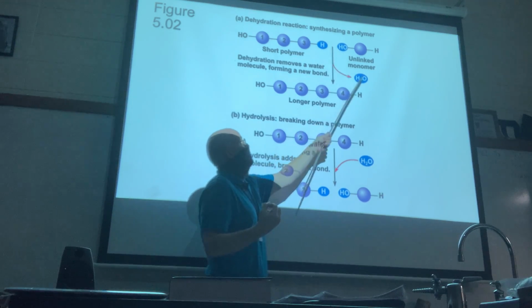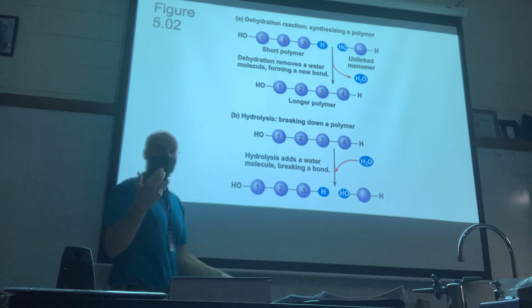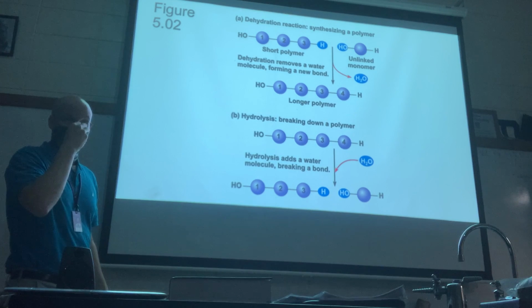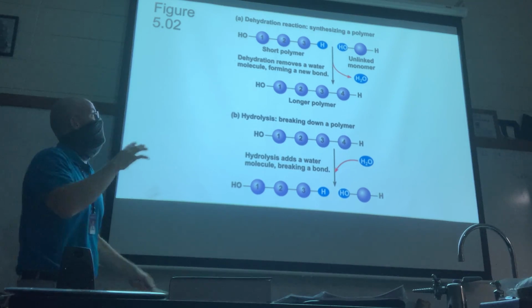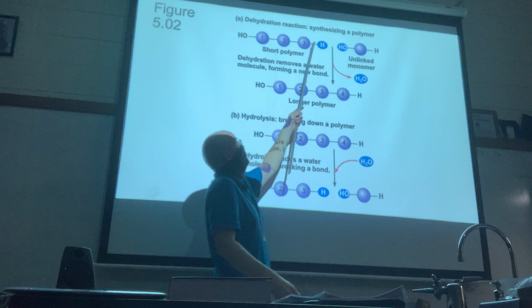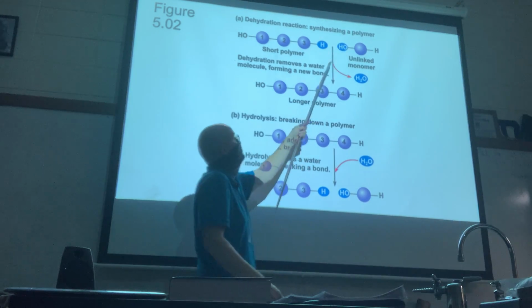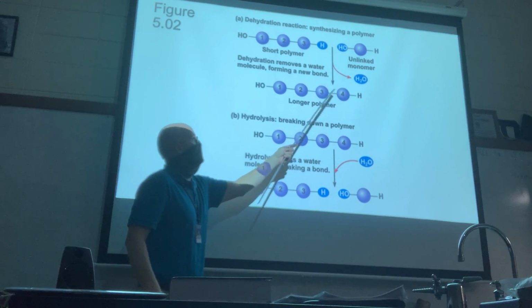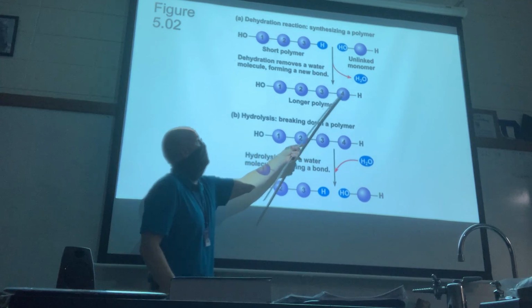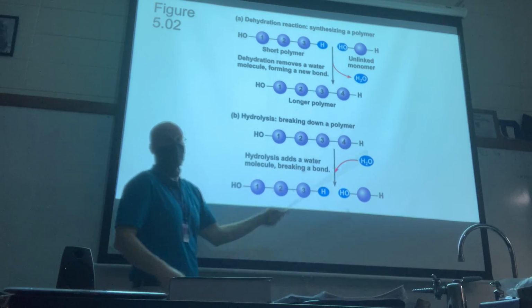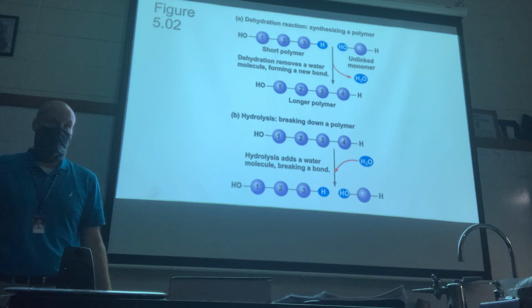They react together to form water molecules. And then the bonds that are available when these are removed are reformed in a way where these two molecules are now covalently linked.